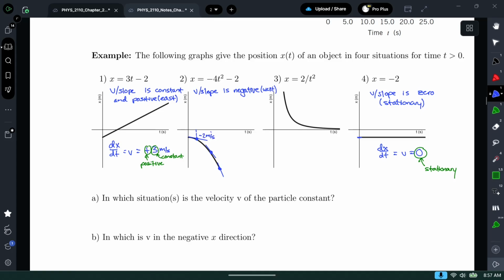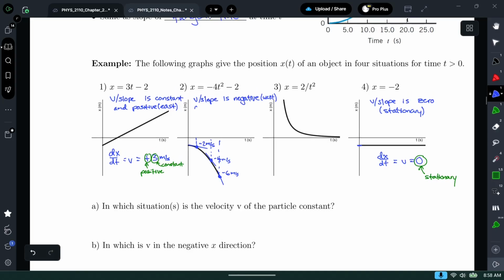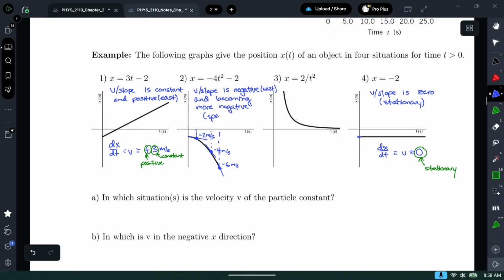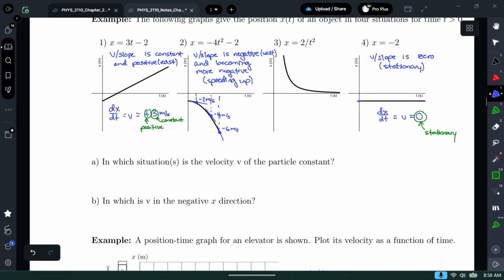But this one, it's steeper, so it might be a more negative number. And then an even more negative number. So they are actually speeding up while going westward. So it's becoming more negative. In this case, that actually means speeding up. That is a little counterintuitive.